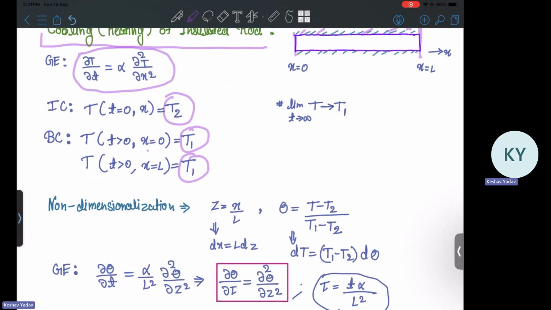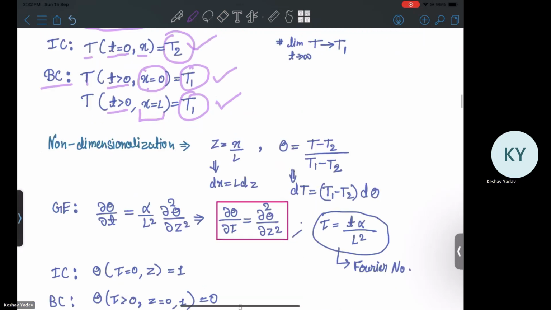So the initial condition will be what? At time equal to 0, at every x the temperature is T2, and the boundary condition is what? At time greater than 0, at x equal to 0, temperature is T1, and at x equal to L, temperature is T1.